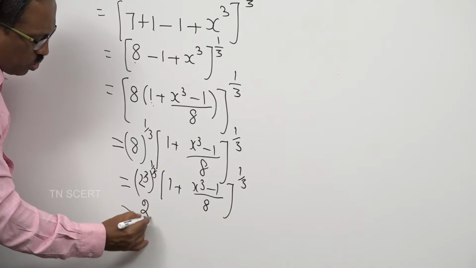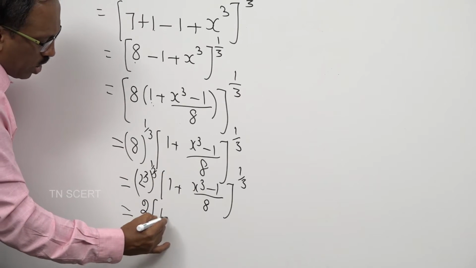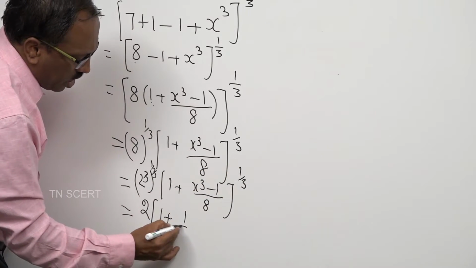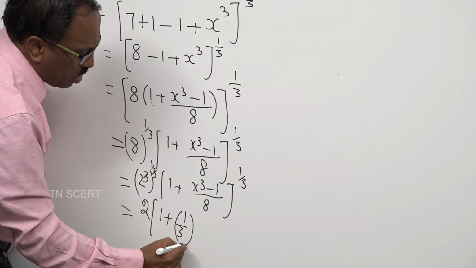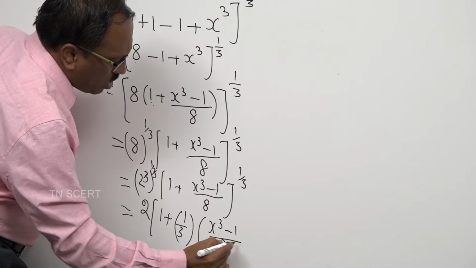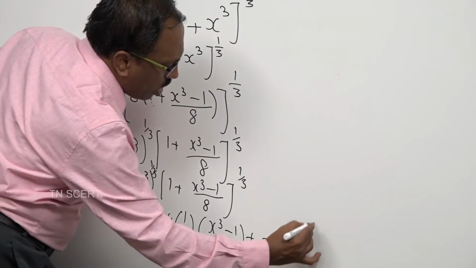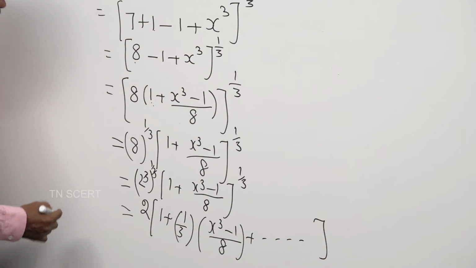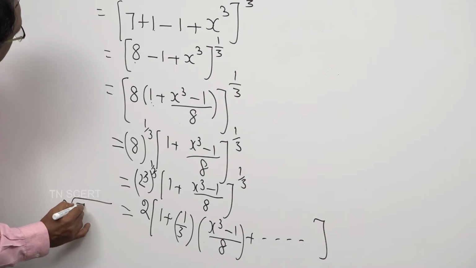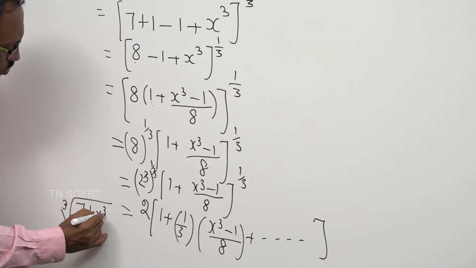So the first term is 2, and 1 is 1 here. In the place of n, 1 by 3, remember, into x cube minus 1 by 8 and so on, like this. This is the first term, cube root of 7 plus x cube.